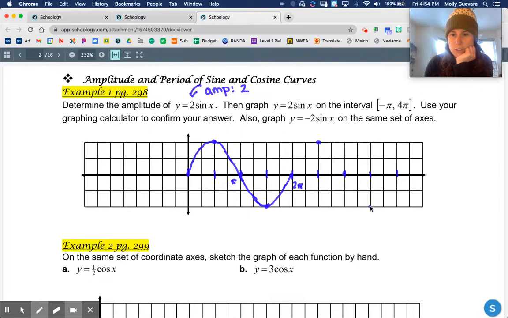I usually just draw the points. It gives me like a good target for when I'm trying to draw, because I like to make these look really neat and pretty. So here's 4 pi, and here's 3 pi. And it wants me to go to negative pi, which is right here. It doesn't want me to go all the way to negative 2 pi, excuse me.